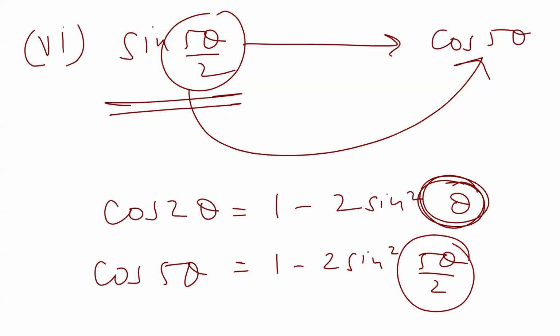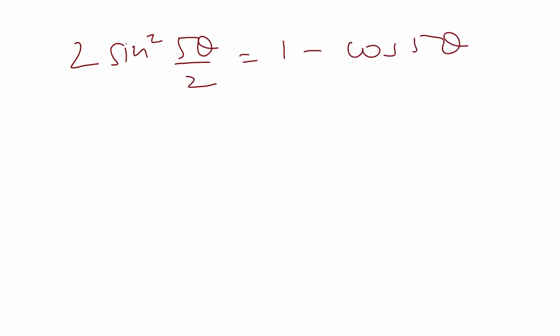Okay. Now we need to get the value of sine in terms of cos. So I'll shift this term on the left hand side. 2 sin square phi theta by 2 is equal to 1 minus cos phi theta. Cross multiply that 2 over there. 1 minus cos phi theta upon 2.